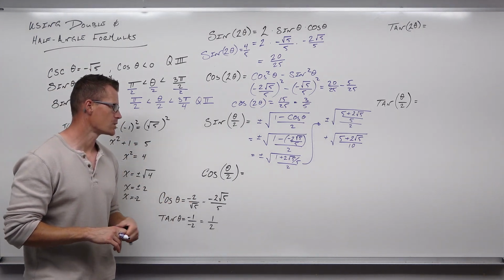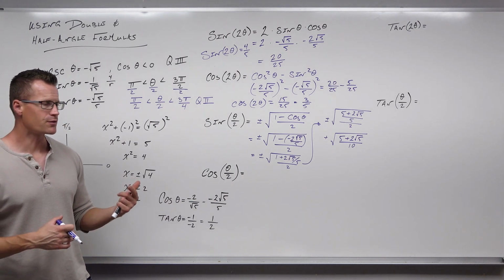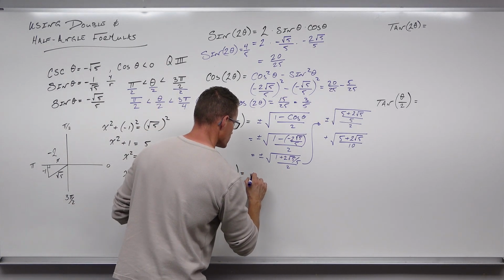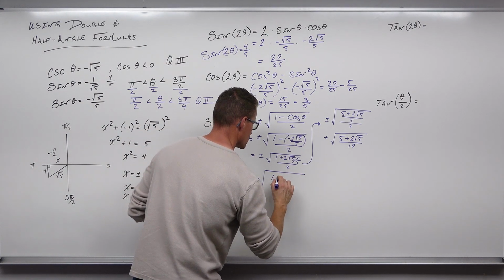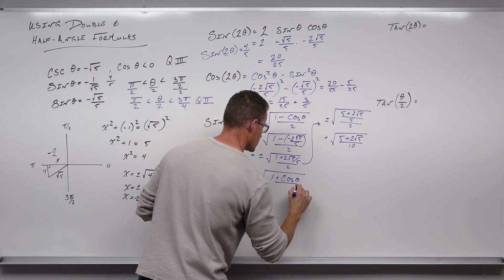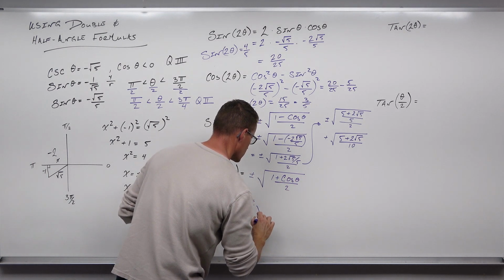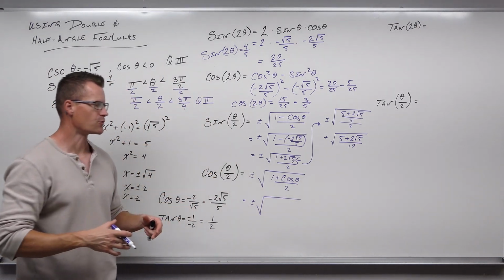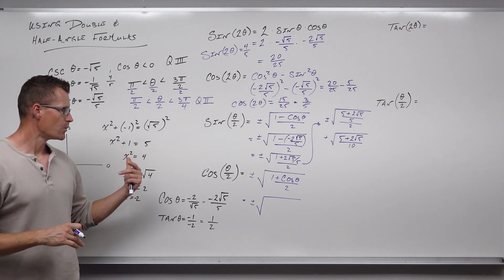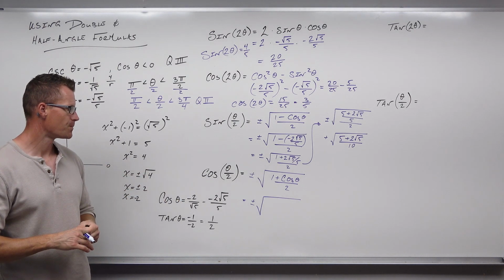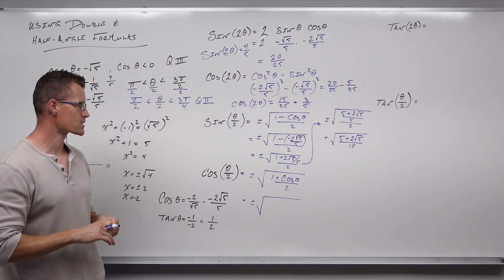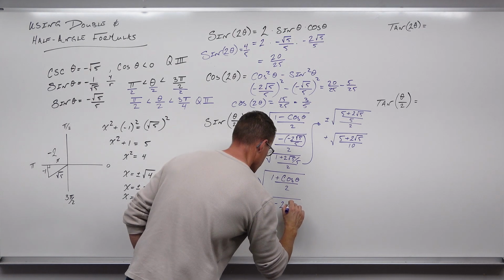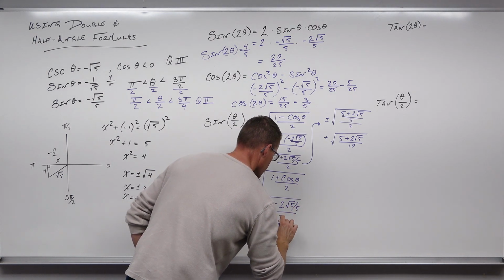Let's go ahead and move on and do cosine of theta over 2. So cosine of theta over 2 is very, very similar, except you add instead of subtract. So 1 plus cosine theta over 2. You're seeing I'm still writing out the original formula before I start to substitute in some of these values that we know. We know that cosine theta is negative 2 square root 5 over 5, so we'll have 1 minus 2 square root 5 over 5, all over 2.